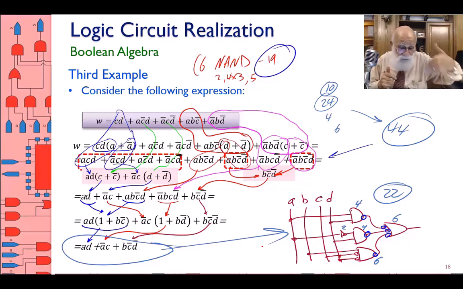How do I know I have to add D or D bar? Okay? Boolean algebra is good. The problem with Boolean algebra is that it doesn't give us insight into the circuit. It doesn't give us any guidelines as to how to go about minimization. And that's the topic of our next talk. Thank you.